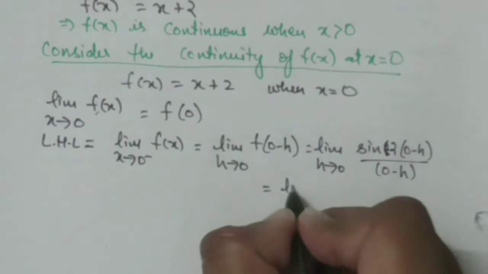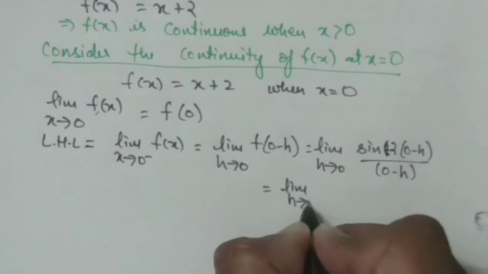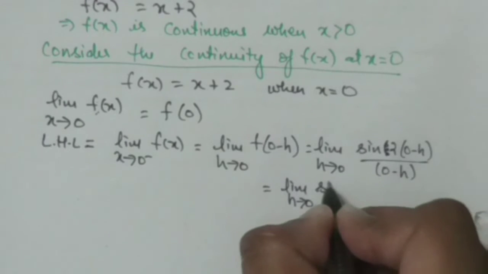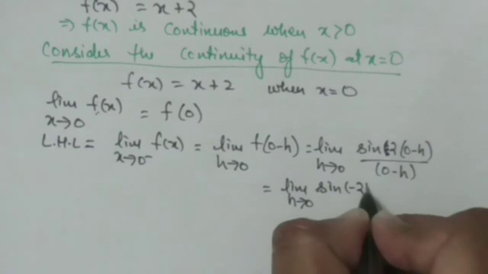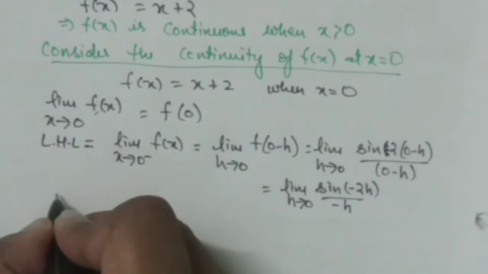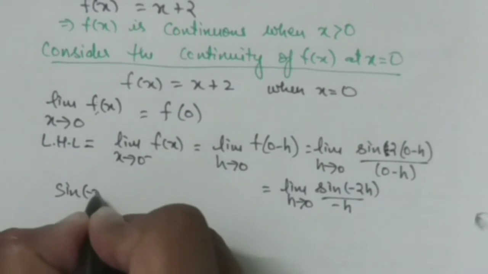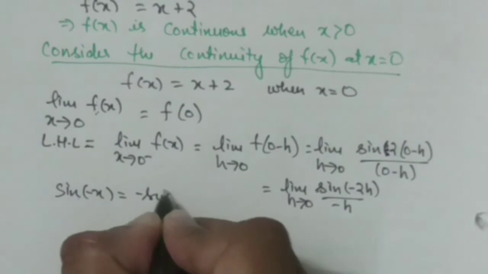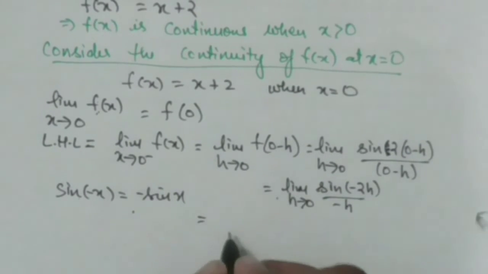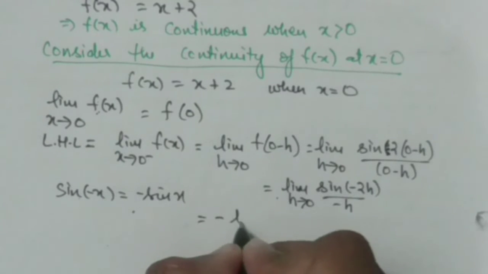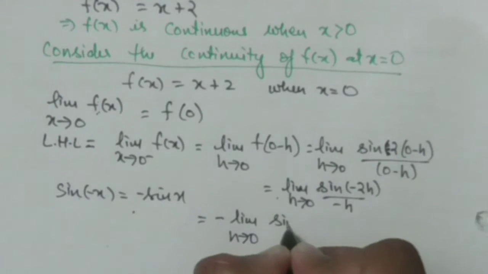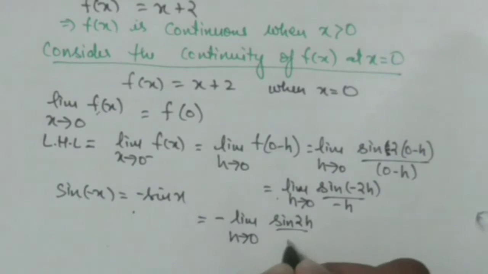And it will be equal to limit h tends to 0 sine of minus 2h upon minus h. And we know that sine minus x is equal to minus sine x. Therefore, this expression will be equal to minus limit h tends to 0 sine 2h upon minus h.